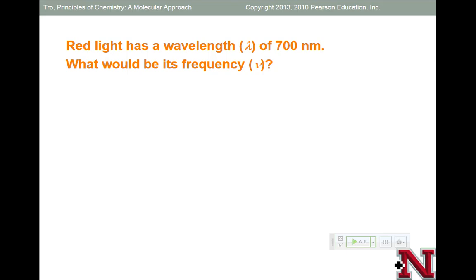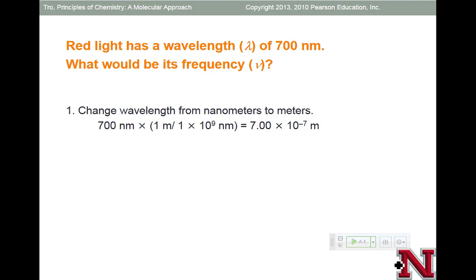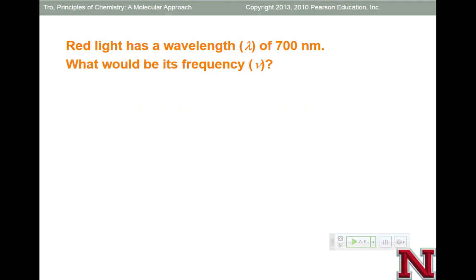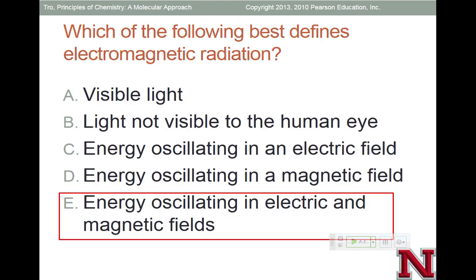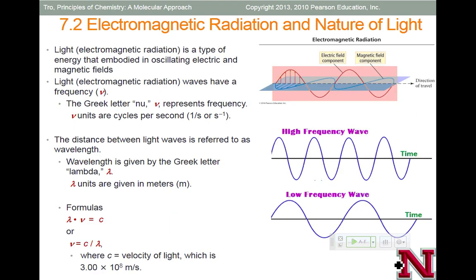So for example, red light has a wavelength of 700 nanometers. What would be the frequency? So first off, our speed of light is 3 times 10 to the 8 meters per second, but nanometers are pretty small, so we'll usually have to convert to meters so we can use that.